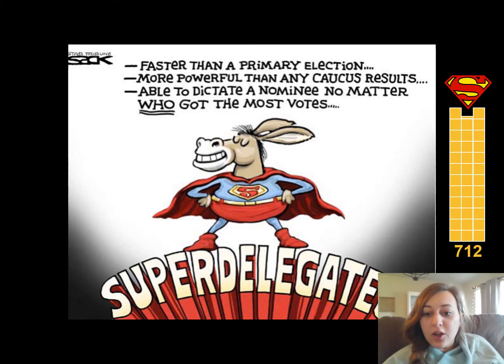Then there's not going to be a round two, so they can ceremoniously cast their vote, right? Superdelegates only exist in the Democratic Party, and that's because parties and states have control over how they do this nominations process. And states ultimately have the final say in elections.